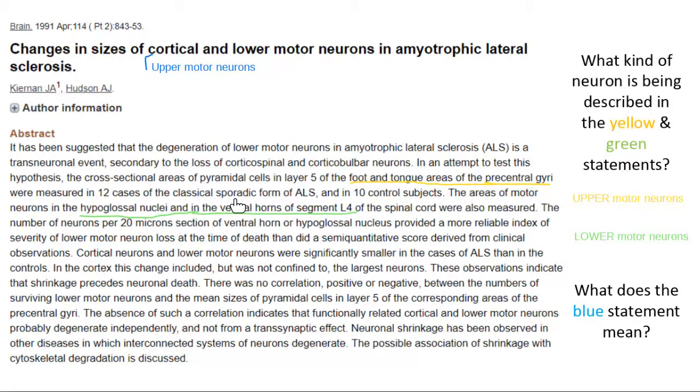ALS can run in families. It is genetic. But for this particular study, they took 12 individuals who we don't know where it came from, that they had ALS, and they studied their brain. Again, like I said, I believe it was post-mortem. So after death, they studied to see the size of these neurons.